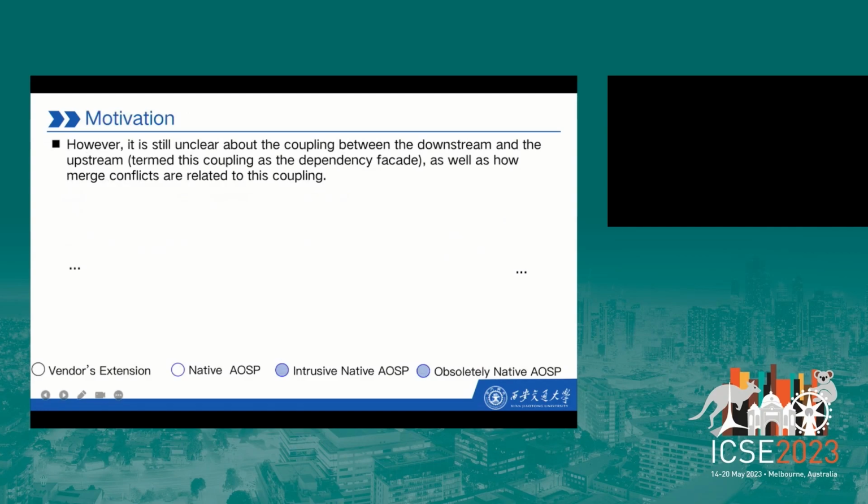So prior work has studied conflicts due to the merging of the upstream and downstream. Furthermore, the downstream contains 4 kinds of entity. First are extension entities that are created by the downstream, and the upstream development is imperceptible of them. Then there are native entities, which keep unchanged in the downstream.